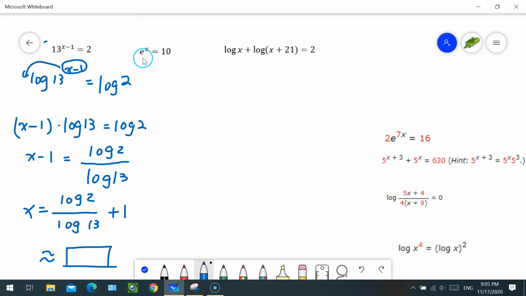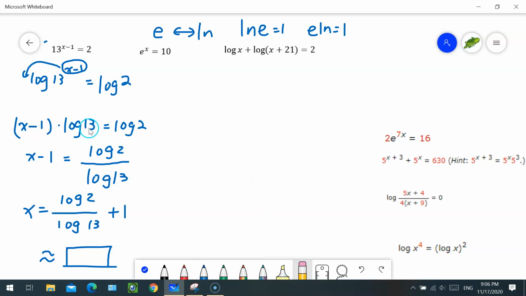When you have the base e, that means this is a natural logarithm, natural base number e. So every time you see the e, you always raise up with the ln instead of the log. Okay, because ln pairs with the e. ln e is equal to 1. e ln is equal to 1.